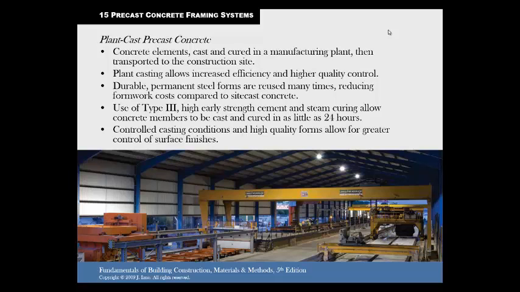The only drawback is that then you have to ship it, and concrete's very heavy. But if you're making a lot of elements, like you see those T things driving down the highway all the time for highways, you can make that a lot more efficiently in a factory and then take it to where it needs to be.